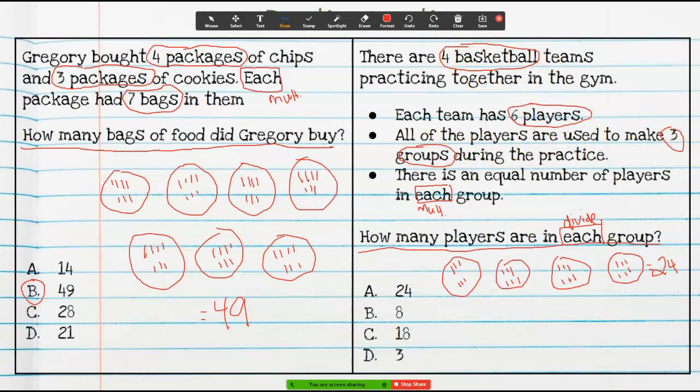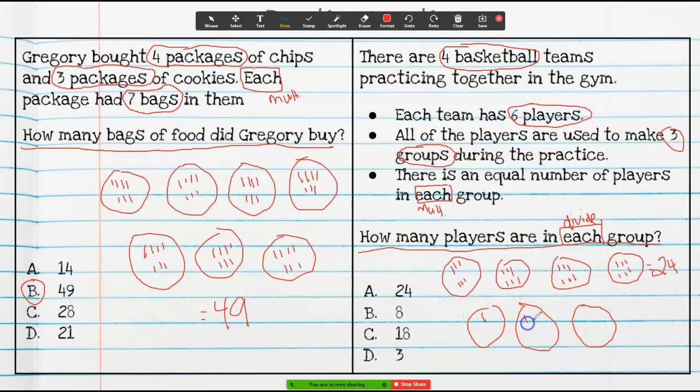Okay, notice I have 3 numbers here. This is more than one step. I multiplied here, but I still need to divide. Okay, so I'm going to take my 24 players and divide them into 3 groups. 1, 2, 3. And I'm going to put 24, counting one at a time.